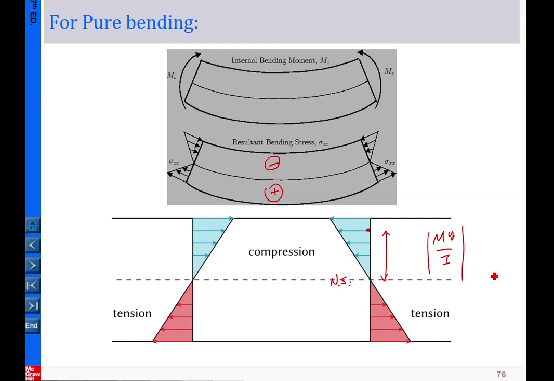If you imagine sitting on this axis looking at the cross section, the intersection of the neutral surface with the cross section gives us the neutral axis. That is the definition of the neutral axis.